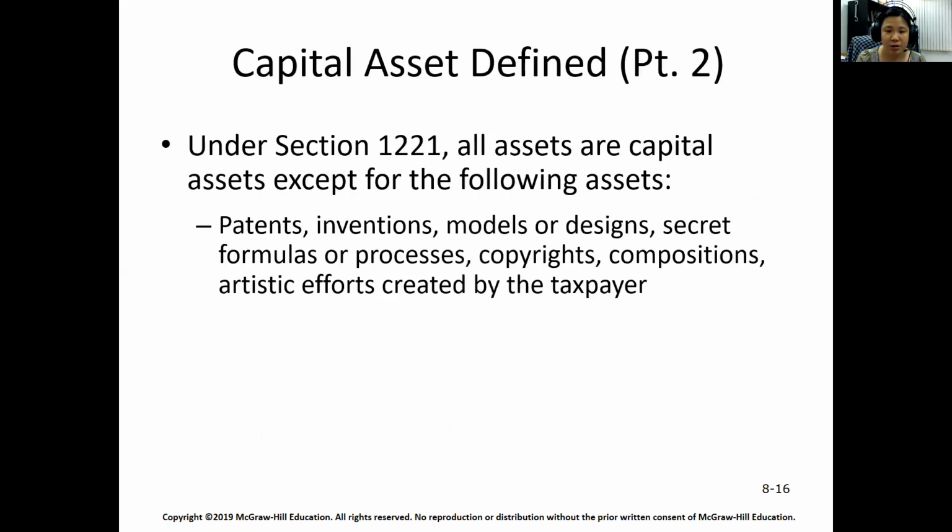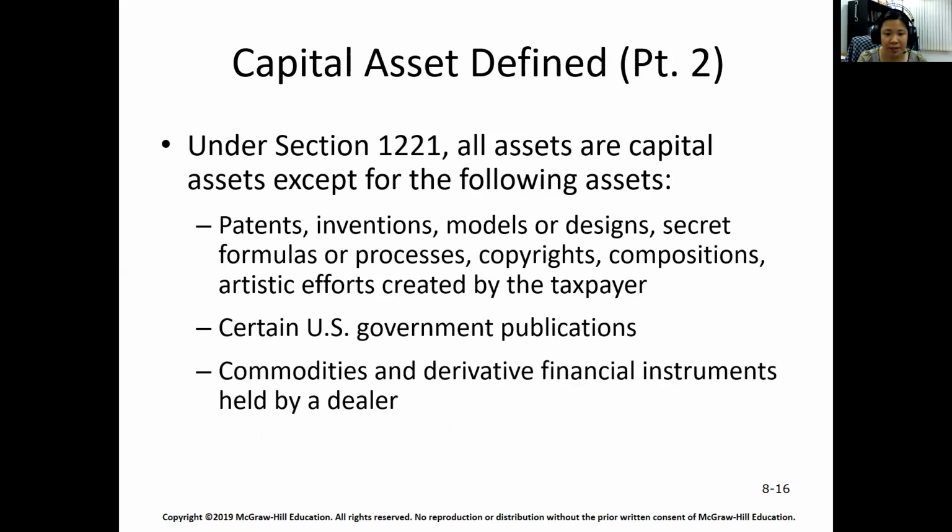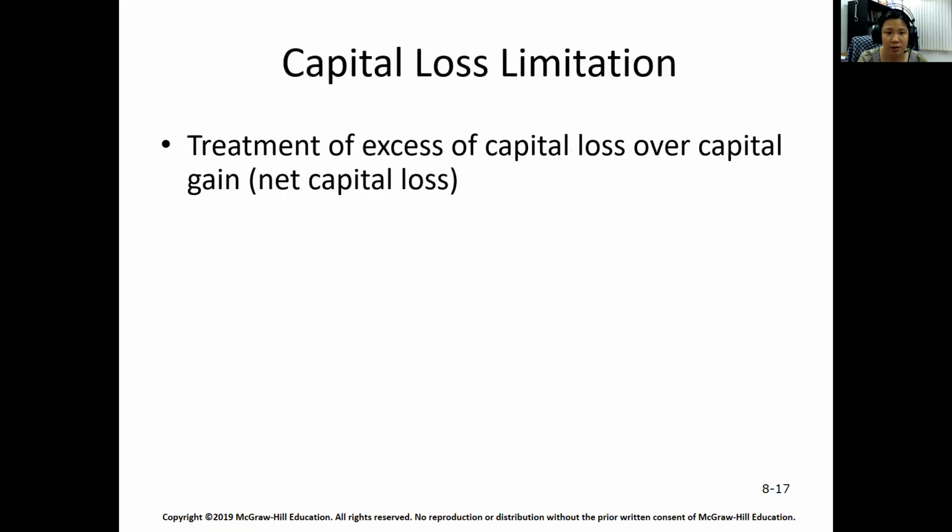Also, we have patents, inventions, models, designs, secret formulas, processes, copyrights, compositions, and artistic efforts created by the taxpayer. Others include US government publications, commodities, derivative financial instruments, hedging transaction properties, and so on.